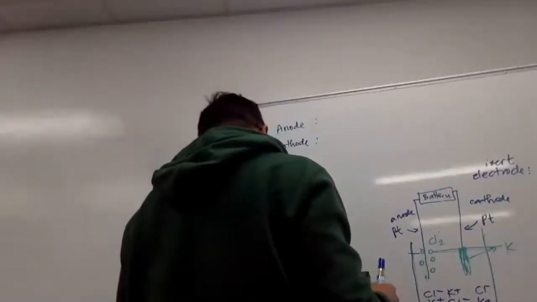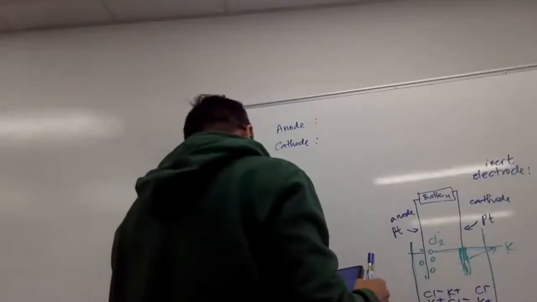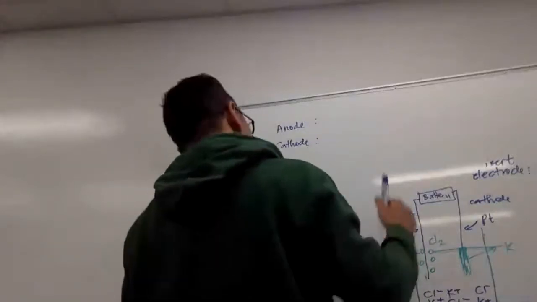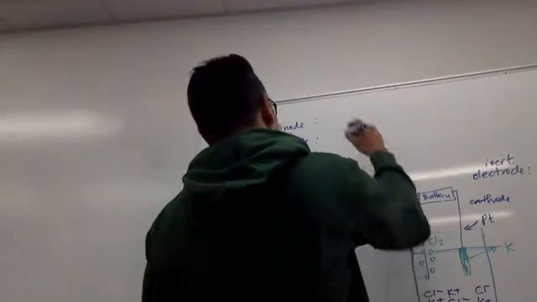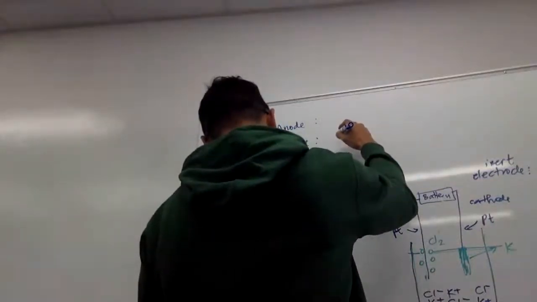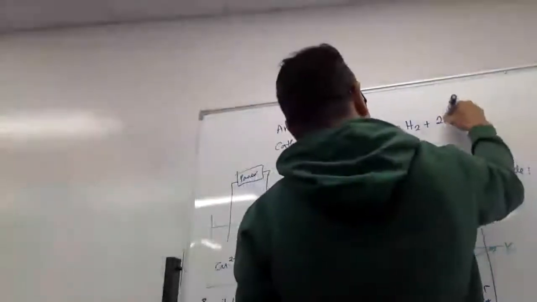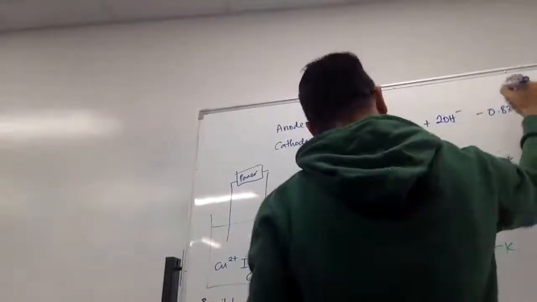And where's the other one for water? Oh, there you go. 2OH minus, so that's going to be negative 0.83.